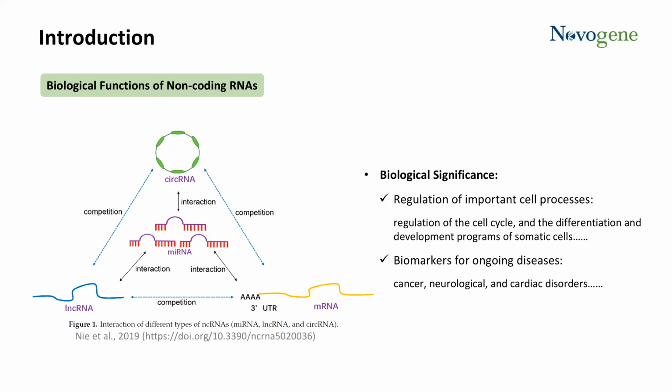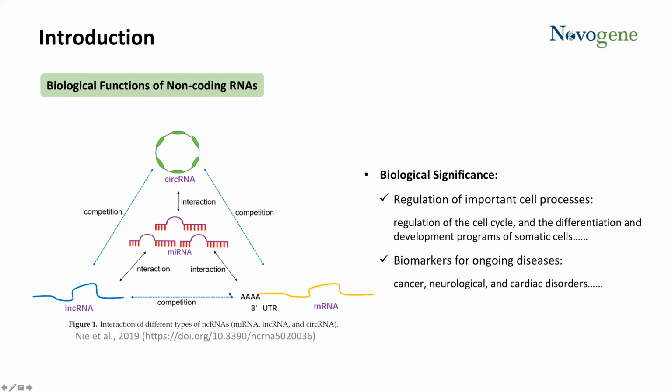So why is this important? Why should we study long non-coding RNA? Even though long non-coding RNA constitutes only a very small proportion of the total transcripts, they play a really important role in many biological processes by regulating gene expression, both at the transcriptional level in the nucleus and at the translational level in the cytoplasm. As a result, they have attracted tremendous research interest.